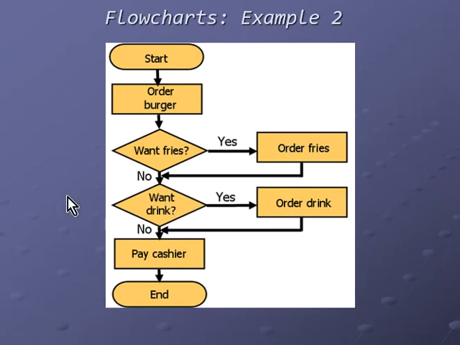And normally they ask if you need a drink, and depending on your answer, maybe you say yes, and there will be another flowchart here deciding what type of drink. But let's make this easy for you to understand, and the algorithm finishes when you pay. This is a very simple example of how to design a flowchart to include instructions in a program.